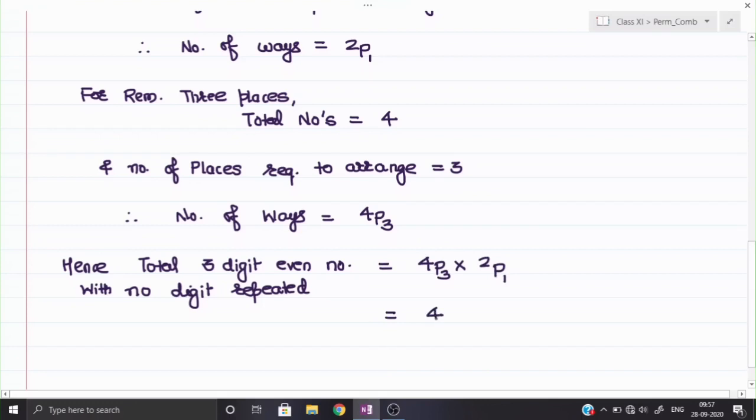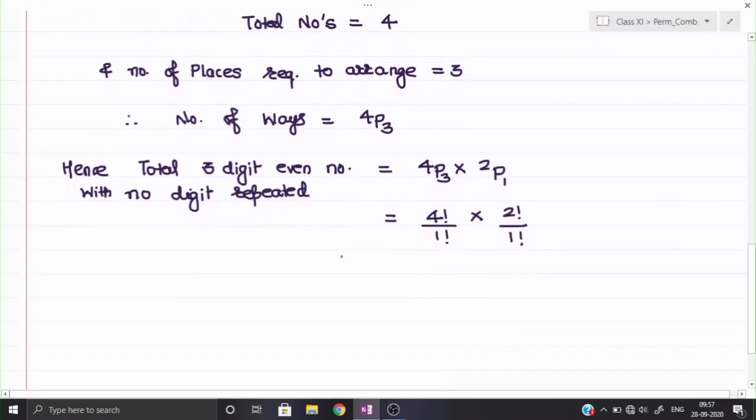So factorial 4 upon factorial of 4 minus 3, that is factorial 1, into factorial 2 upon factorial of 2 minus 1, that is again factorial 1. Factorial 1 we can leave, its value is 1 only. Factorial 4 is 4 into 3 into 2 into 1, and factorial 2 is 2 into 1. So if I count it, 4 into 3 is 12, 12 into 2 is 24, and 24 into 2 is 48. See here 48 is coming, not 60.